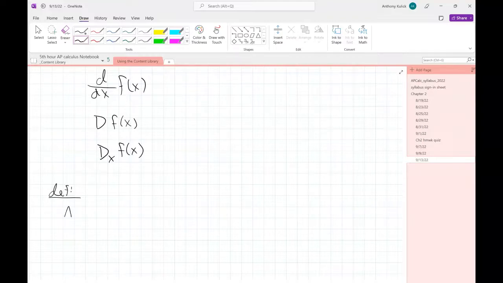All right, we say that a function f is differentiable, I guess I should say at A, if f prime of A exists.